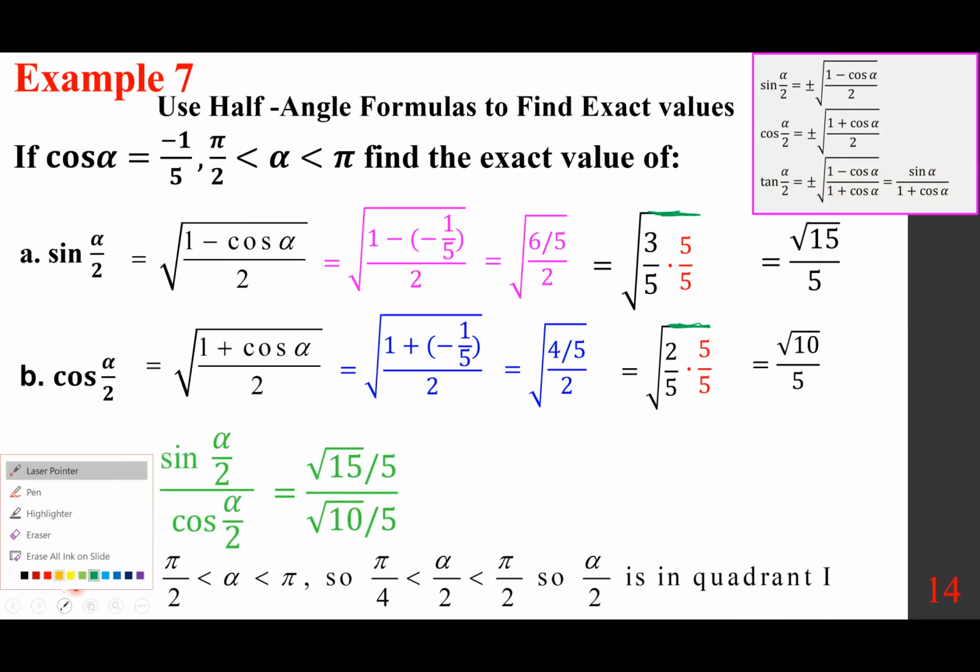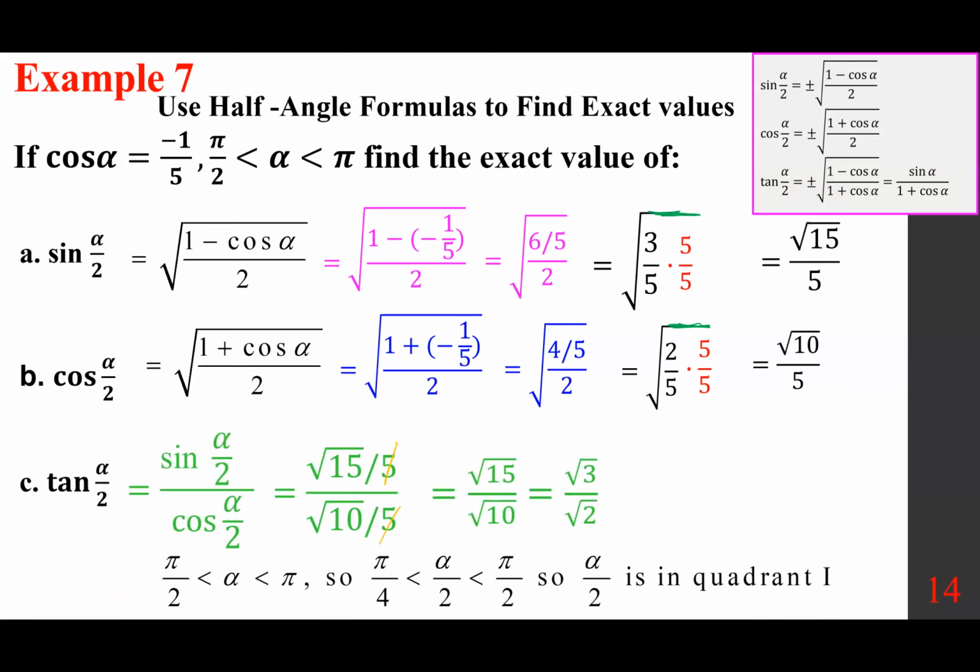It's a complex fraction. Square root of 15 over square root of 10, or square root of 3 over 2. Now, if I multiply this by square root of 2 over square root of 2, it gets rationalized. The top becomes square root of 6, and the bottom comes out as 2, and we are done.